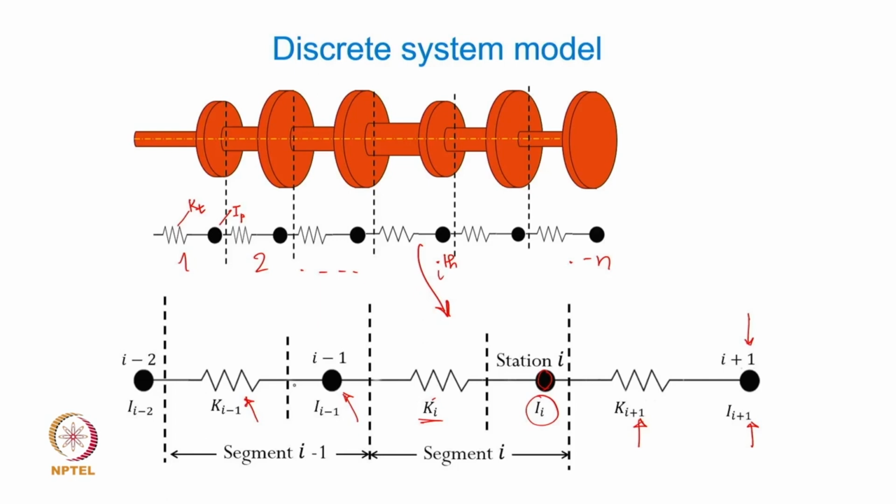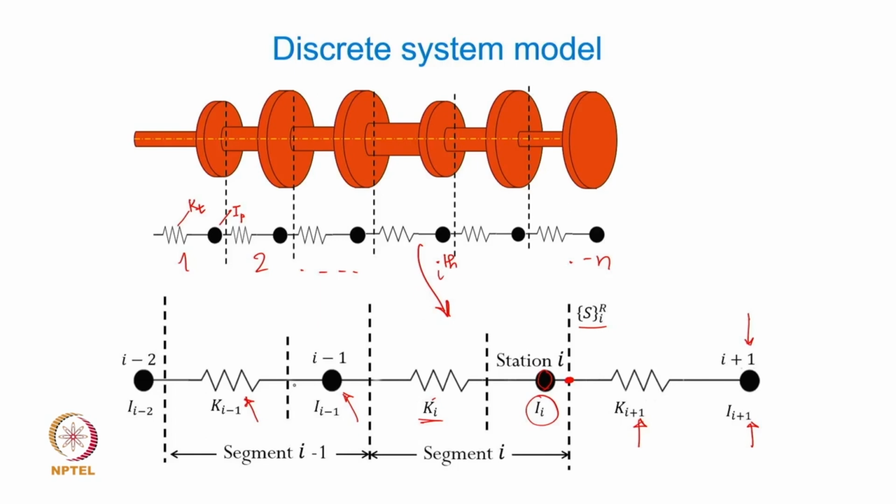Now the state of the system at these specific locations will be quantified and represented by a state vector S. The state of this vibratory system at the location just on the right hand side of this inertia element, I am denoting as a state vector of the ith segment on the right of the segment.